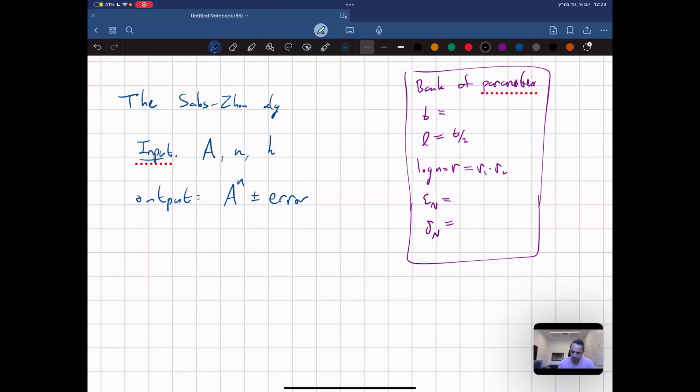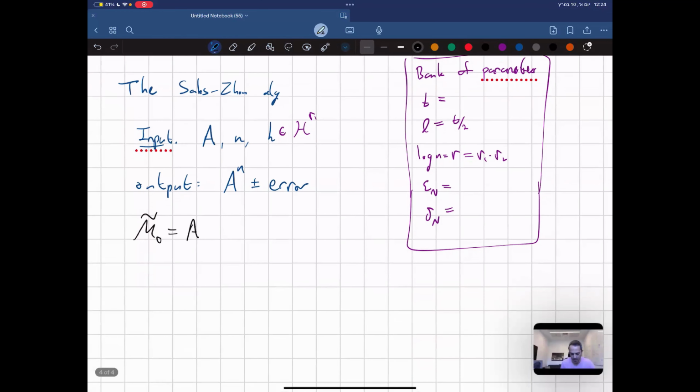And the algorithm is as follows. H is going to be a sequence of R1 hash functions. For some reason, I prefer to move to M's rather than A's now. So we're going to set M0 tilde to be A. And then I'm going to do what I'm writing as a for loop, but technically it's not.